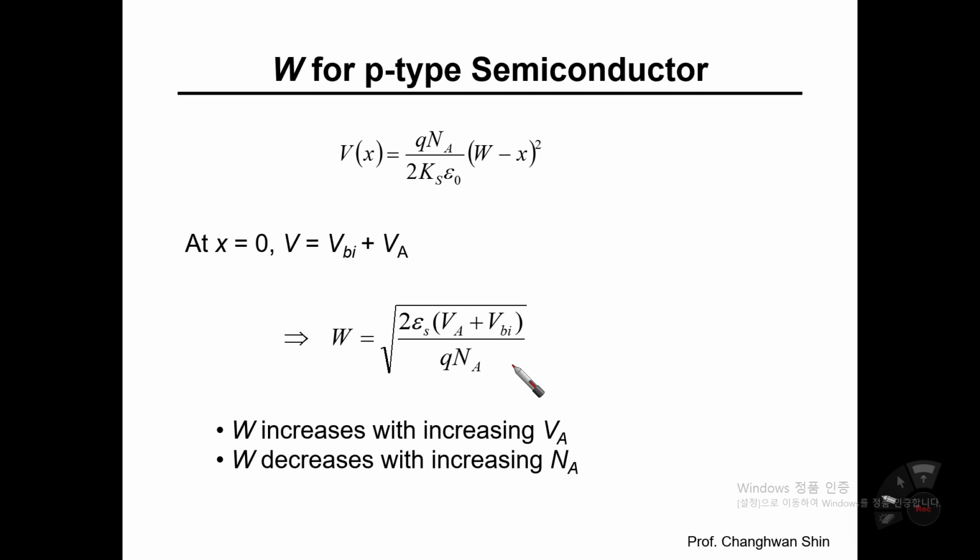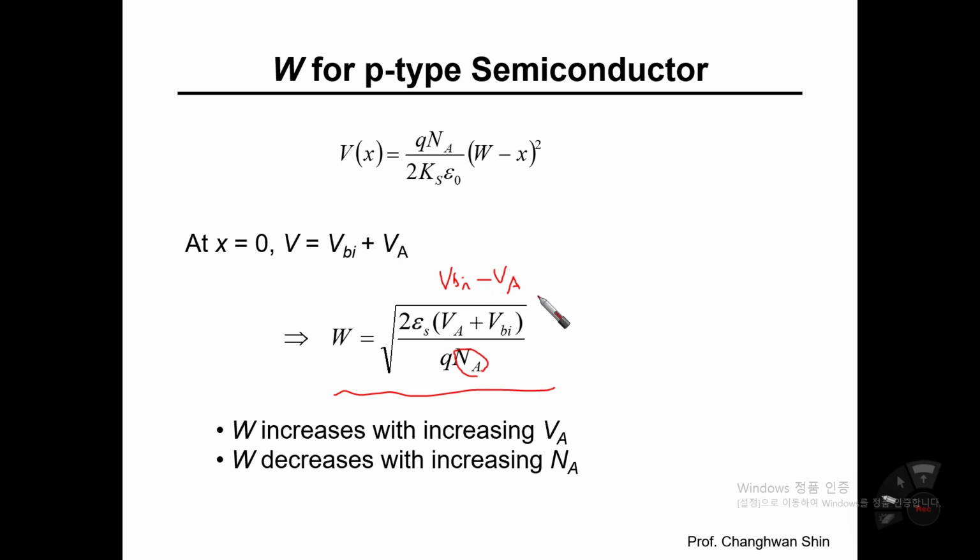And this slide is to give you some idea of the depletion layer width for a p-type semiconductor. Previously I used the MS diode with an n-type semiconductor, but now what if the semiconductor is p-type? Any change in the equation for depletion layer width? Not too much. Instead of ND, I have used N sub A because this is p-type, and instead of VBI minus VA, I have used a different polarity. That's it.